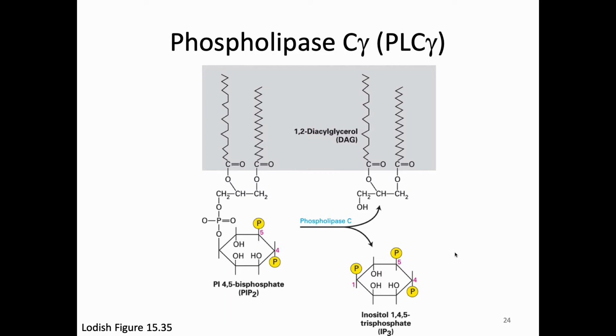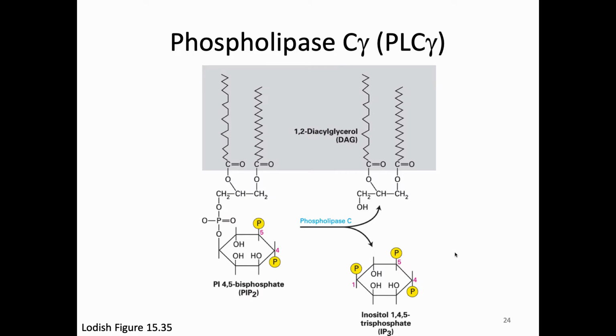It is, in fact, an enzyme, and it has a job. What might you guess the job of phospholipase C gamma is? What do you think, Rob? Not quite. Break off the phosphate head from the lipid. That's a little specific. It's just to cleave a phospholipid somehow.